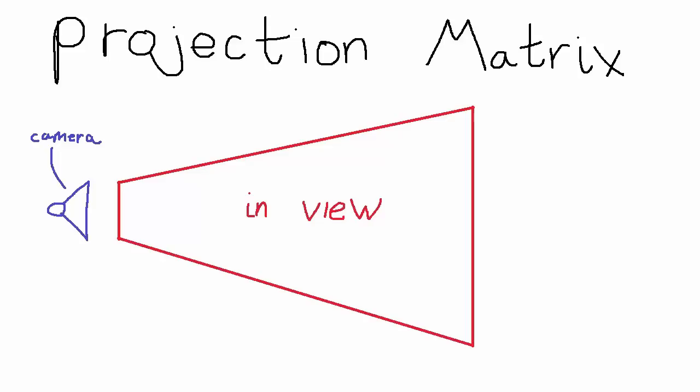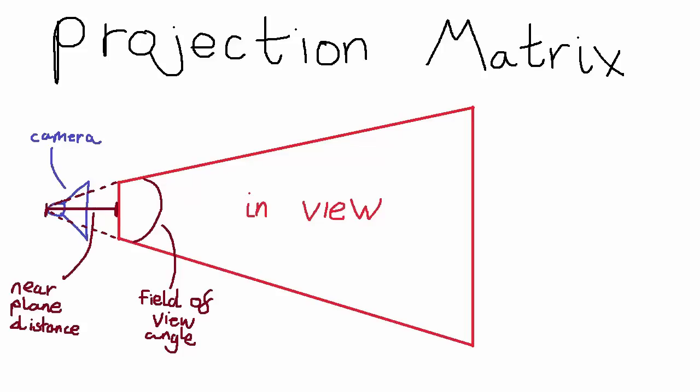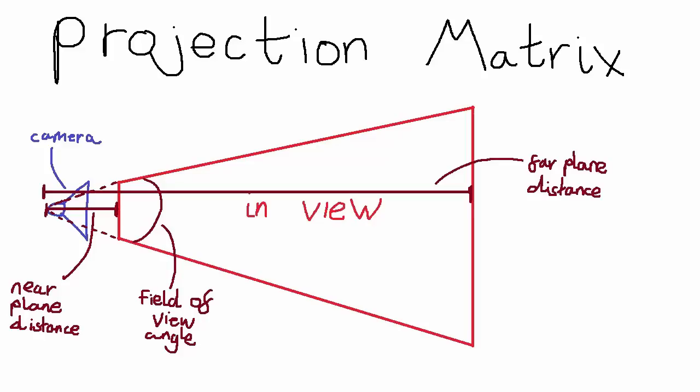This gives us a wider view of objects in the distance, and also makes them appear smaller when they're further away. There are a few variables that we have to decide on before constructing a projection matrix, such as the field of view angle, which determines how wide our view is, the near plane distance, and also the far plane distance, which determines how far into the distance we can see.